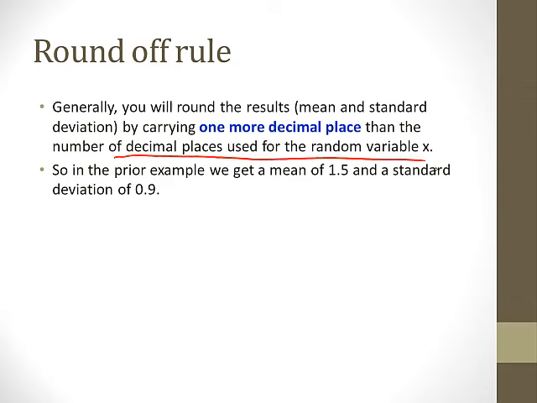So our random variable x, we had 0, 1, 2, 3, the nearest whole number. So we're going to go to the nearest tenth when we get our mean and standard deviation. I'll sometimes go 2 on standard deviation and 1 on the mean, but I think this book uses one more decimal place than the number of decimal places used for the random variable.